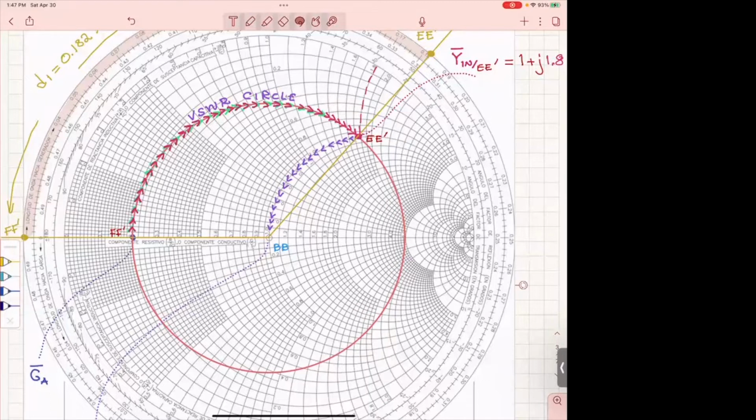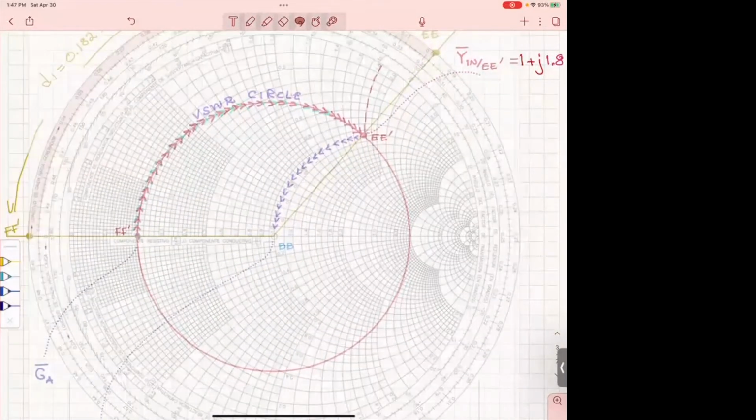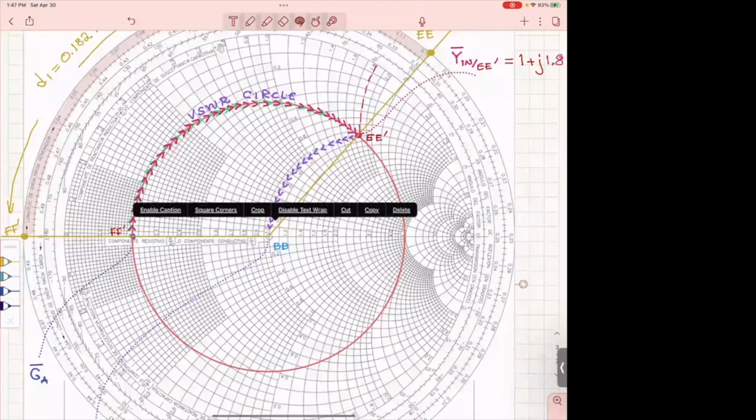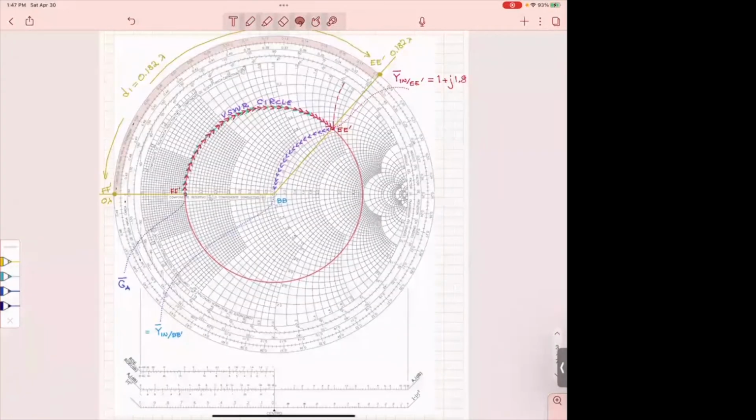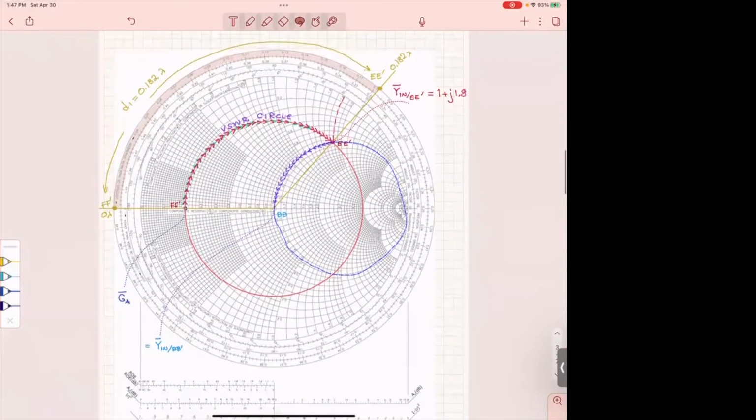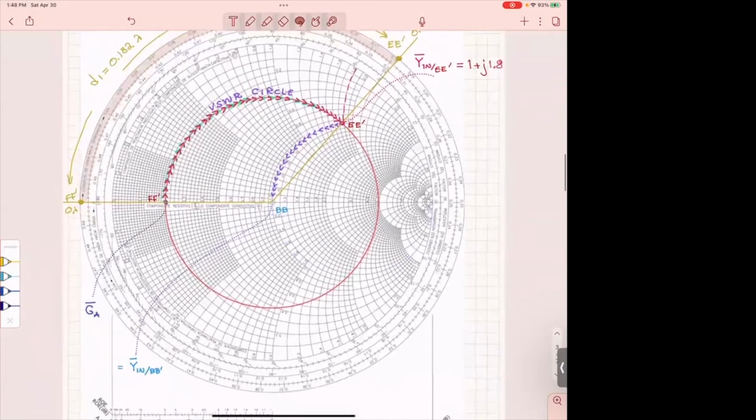The circle who takes us to the center is this one. Okay, so practically we move along this circle. As you can see, the purple arrows, and then that takes us to the center of the chart.